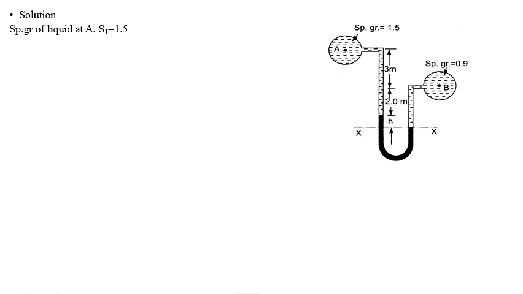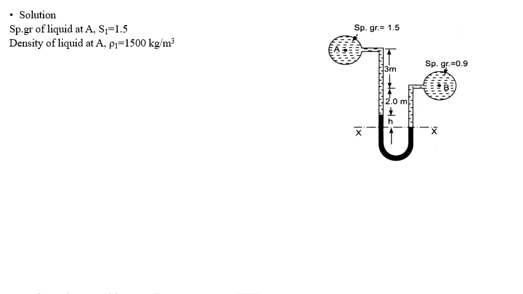Here the specific gravity of the liquid at A, that is S1, is equal to 1.5. Then the density of the liquid at A, that is ρ1, is given by 1.5 into 1000. Actually, to find the density of any liquid, the specific gravity is multiplied with the density of the standard liquid.